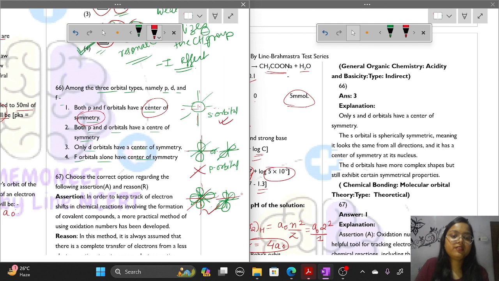Sorry, I think the option is only D orbitals have a center of symmetry. Only D orbitals have a center of symmetry because these are double dumbbell shaped.